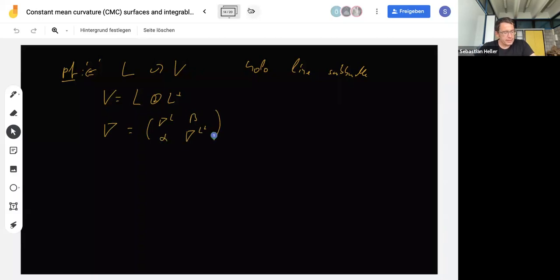We have done similar things yesterday. And by assumption that L is a holomorphic line subbundle, so it's given in terms of holomorphic inclusion maps, it turns out that this alpha needs to be a 1-0 form. It's a section in K, and then it maps sections in L to the minus 1, so it's a section in K times L to the minus 2.